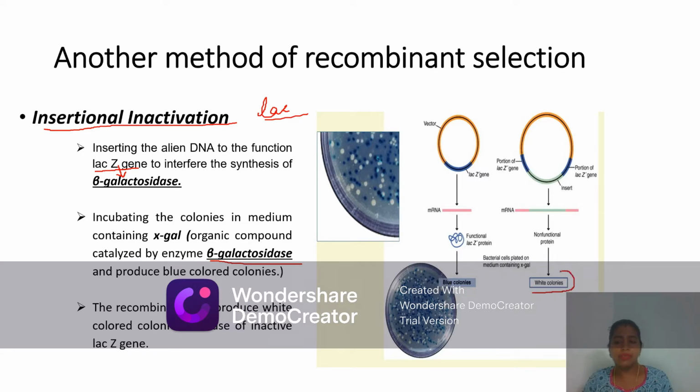So here you can recognize the white colored colonies are the transformants, that is, your foreign DNA has been taken up by these white colored colonies. This is another method of insertion of foreign DNA into a vector. Fine.